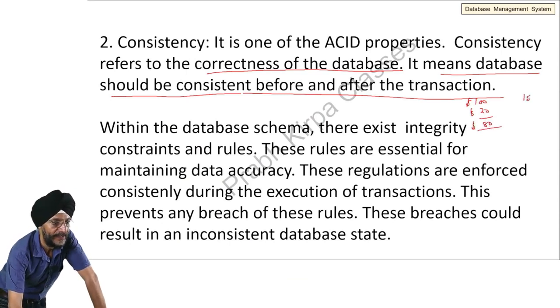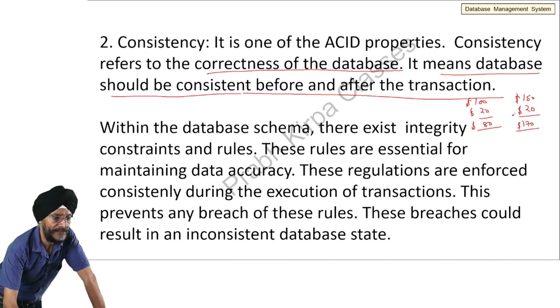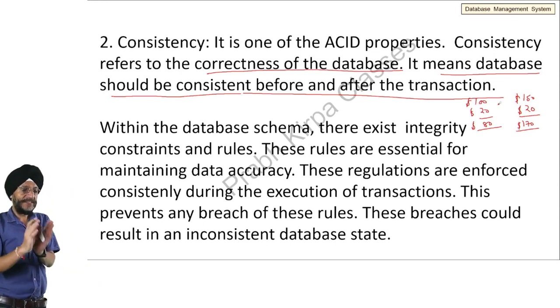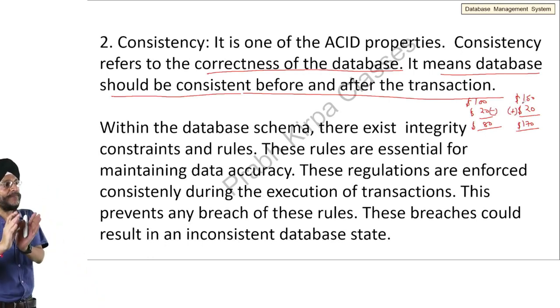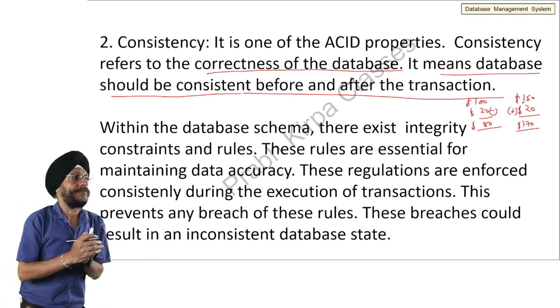On the other hand, if your friend has $150 and you send him $20, the balance should be $170. That is, here the database is correct. Here $20 has been debited and here $20 has been credited.